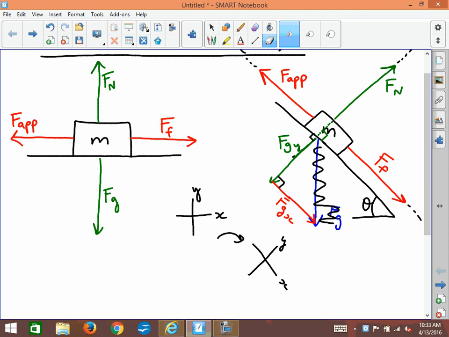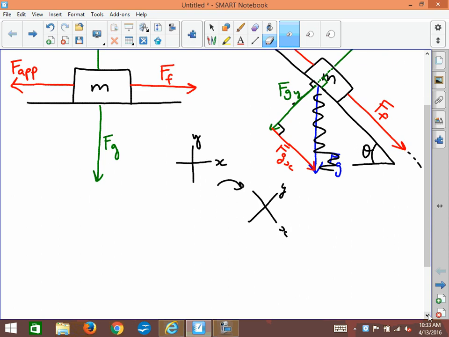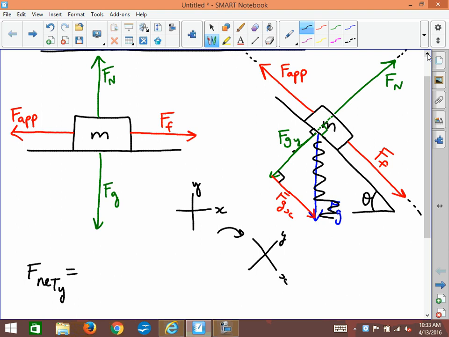Now what we're going to do is write our net force equations. We'll start with what we call F net y. I need the sum of all the y-axis arrows, which I drew in green conveniently so you could see them. So what we have is a normal force on the y-axis, and we have our new Fgy.